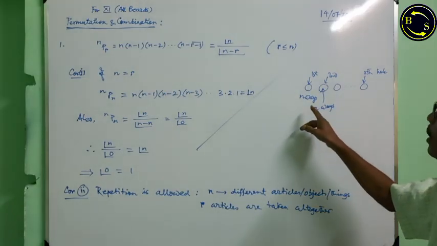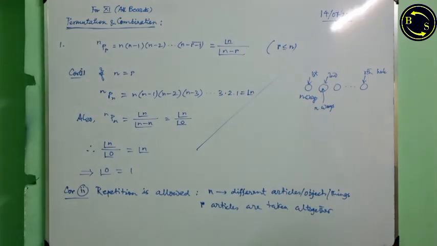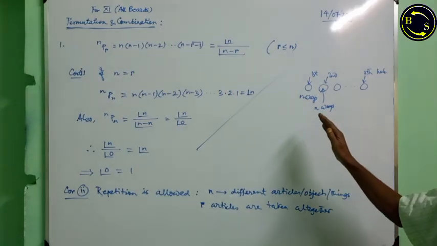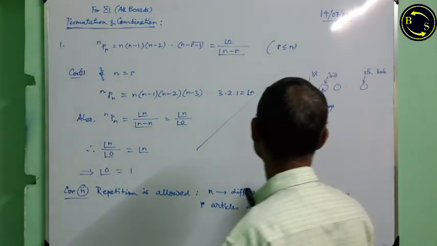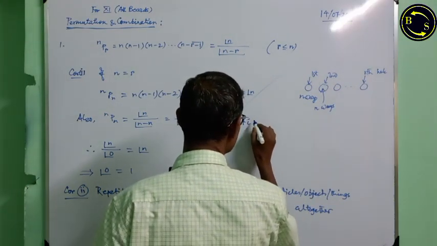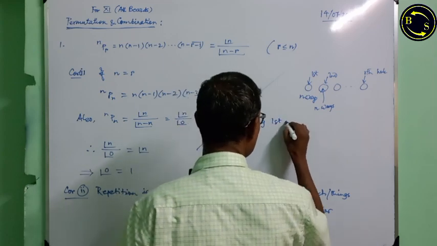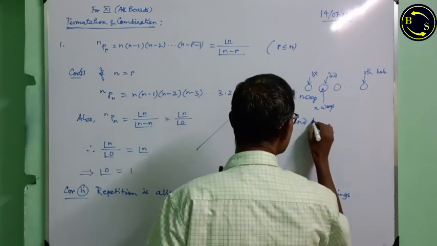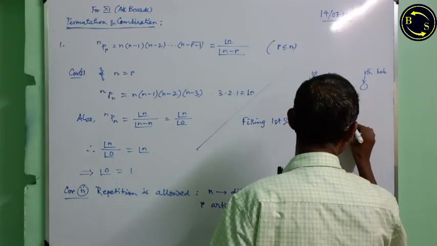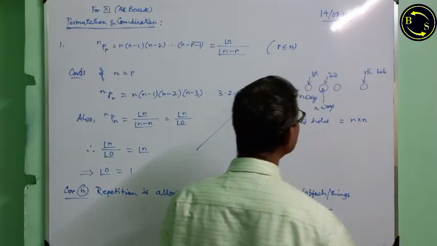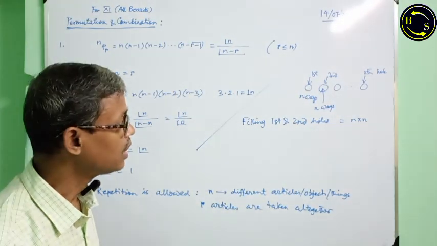Therefore, filling the first hole n number of ways, the total number of ways of filling the first and second holes will be n into n. Repetition is allowed. Remember this thing.